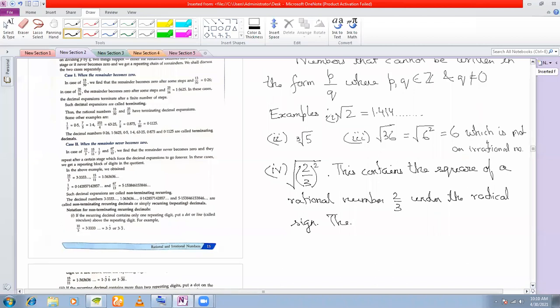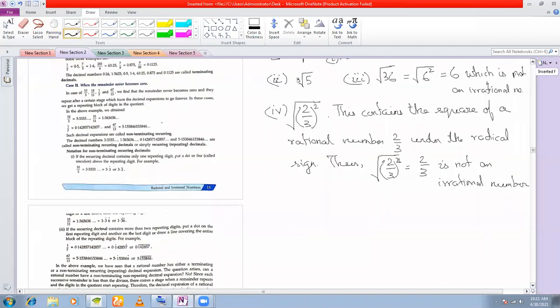Thus, square root of (2 by 3) square can also be written as 2 by 3, which is not an irrational number. So you cannot say that all numbers under square roots are irrational numbers.